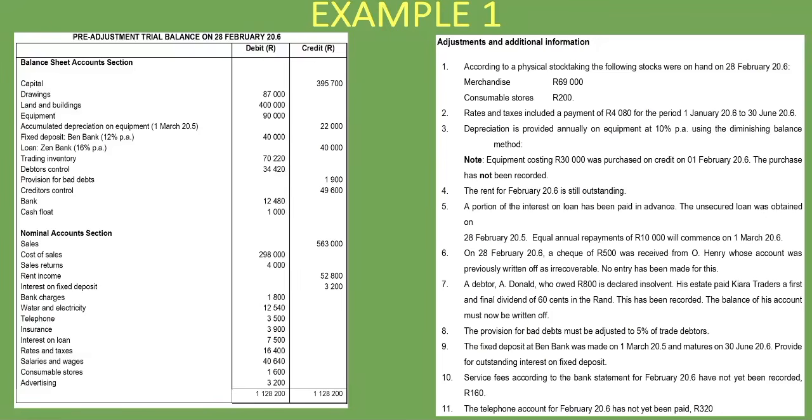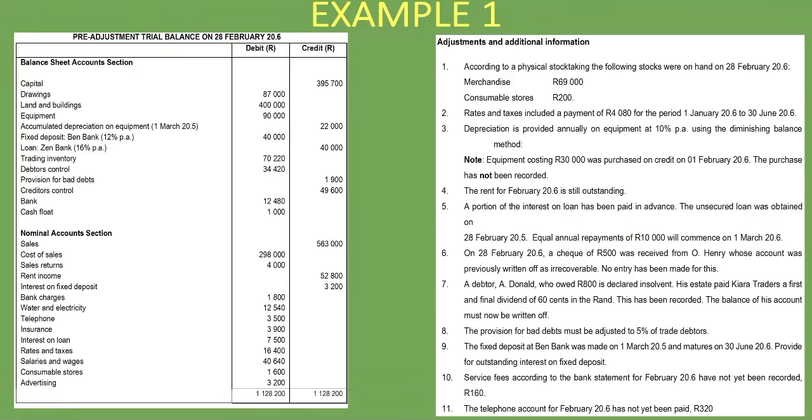And this is the value of inventory according to our books. So as you can see here, it's written pre-adjustment trial balance on 28 February 2016. It means as at this specific date, this was the balance of our inventory according to our books, 70,220. But when they went and physically counted the inventory, they found it to be only worth 69,000 Rand.